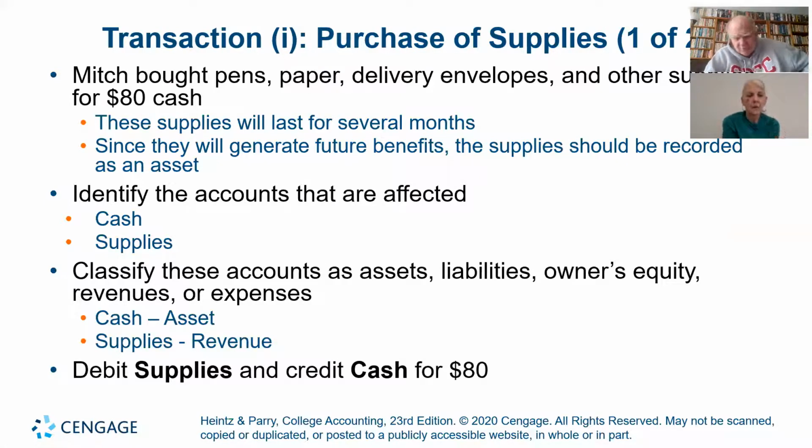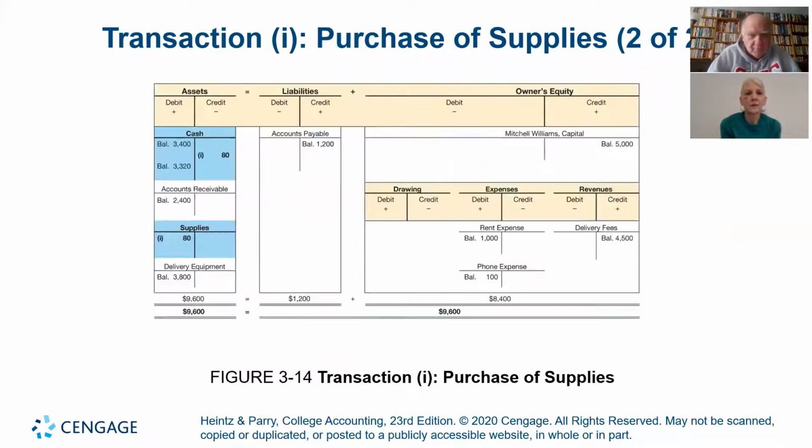We'll get into this in chapter 4, but bear with me right now. Those supplies are not an expense until you use them. Until then, it's an asset, okay? So we increase the asset called prepaid supplies, and it was a cash payment, $80, okay? So you can see how these T accounts build up.